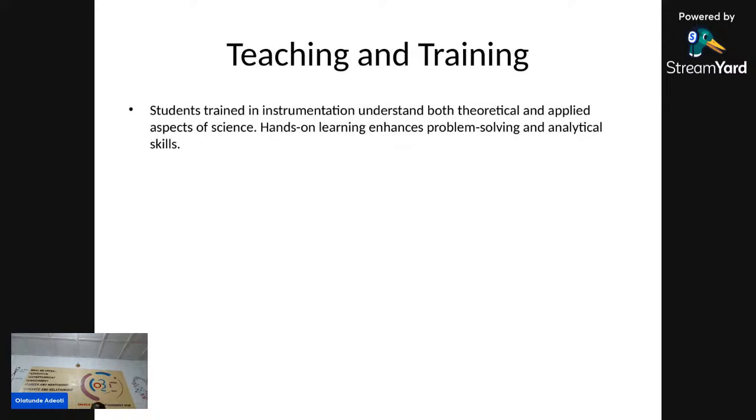In the past, we only depended on theory. Everything we did, we based it on theory and practical. Whatever we saw, we just based it there. But nowadays science has to do with the application of that science. And that's why we said hands-on learning enhances problem solving and analytical skills.